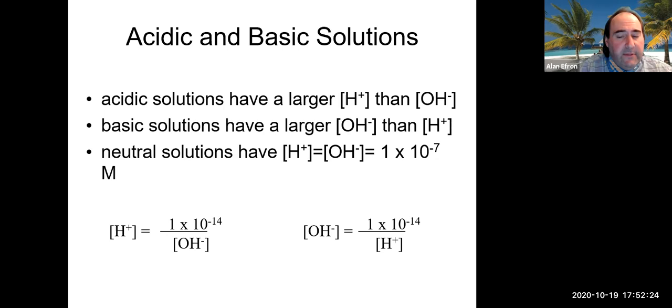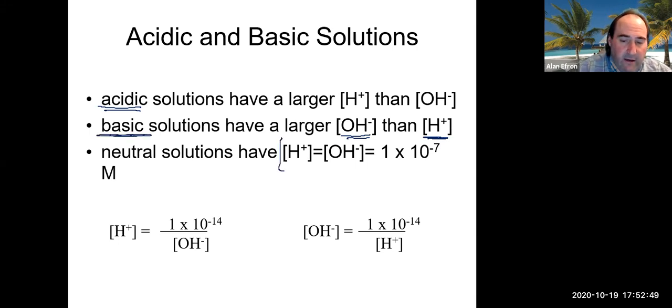And what we could do with those two things is, if we have the H plus concentration and it's larger than the OH minus concentration, so the acid part is bigger than the base part, the solution will be acidic. If we calculate and the OH minus part is bigger than the H plus part, then the basic part is bigger than the acidic part, and the solution would be basic.